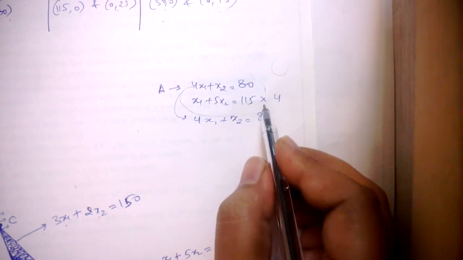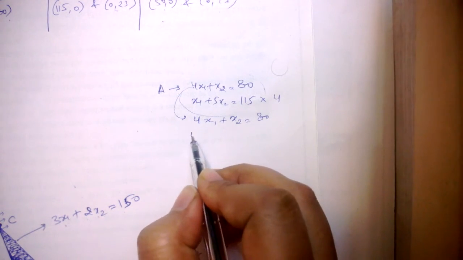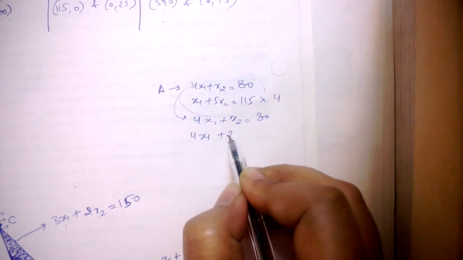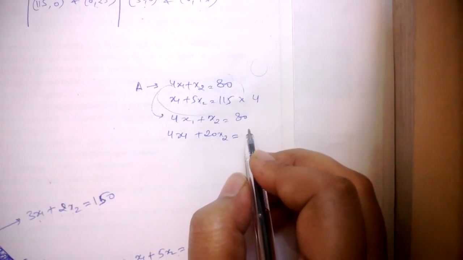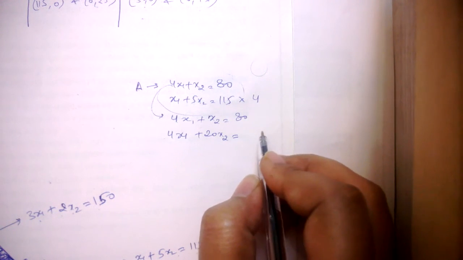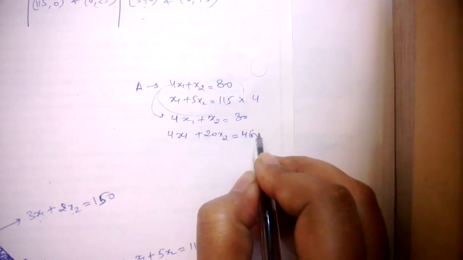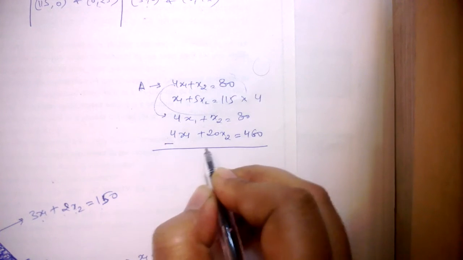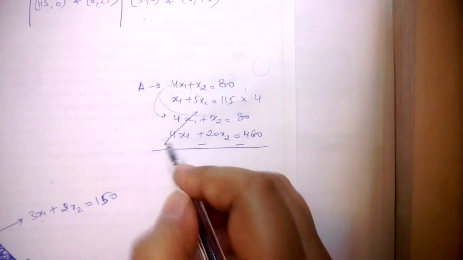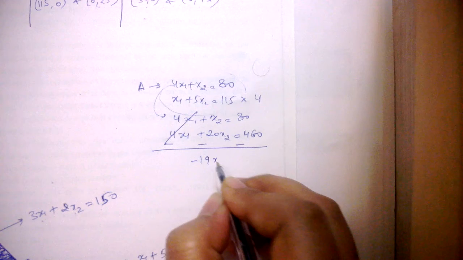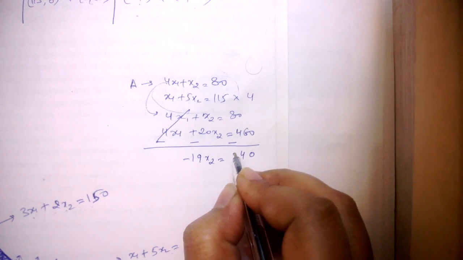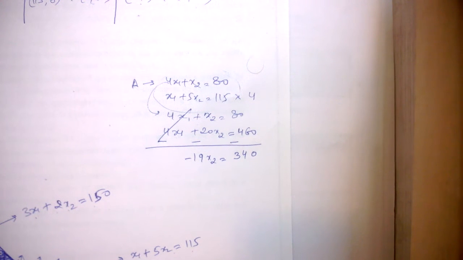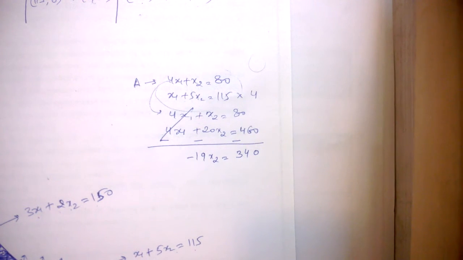So what will we get? 4x1 plus 20x2 is equal to 115 into 4. So 115 into 4 will be 460. Now we'll subtract. So this is minus 19x2 is equal to 340.